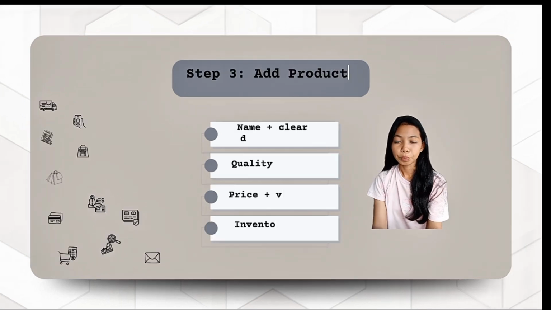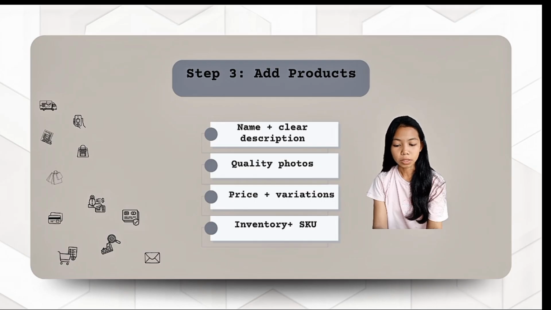Step 3. Add products. Each product needs, first, a name plus clear description, second, quality photos, third, price and variations, fourth, inventory plus SKU. Make sure product names and descriptions are clear so customers know exactly what they are buying.